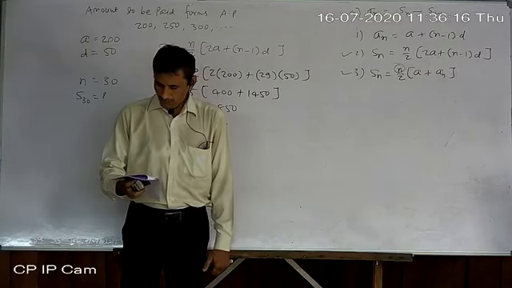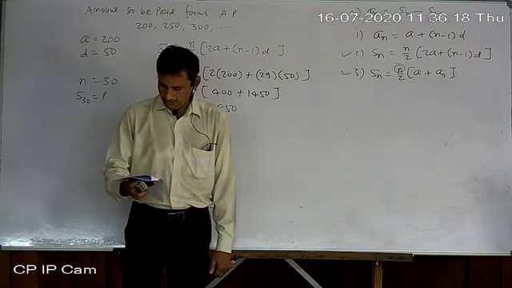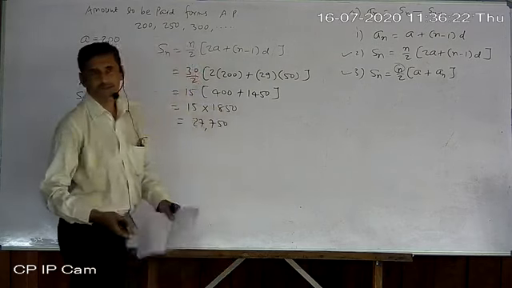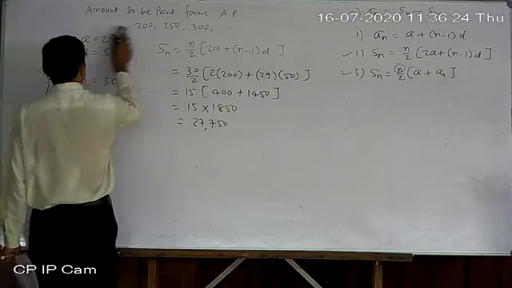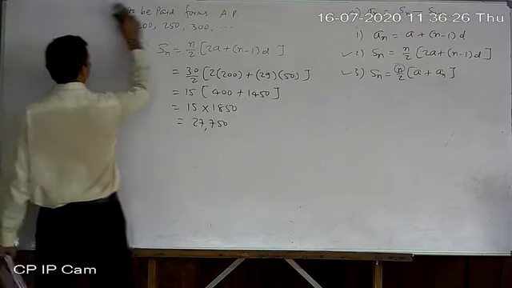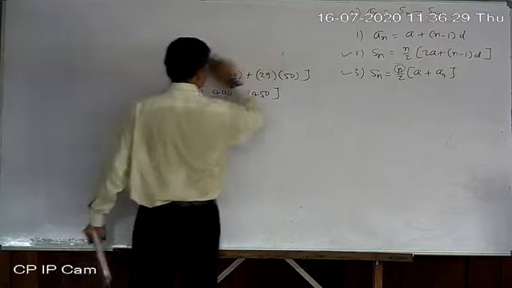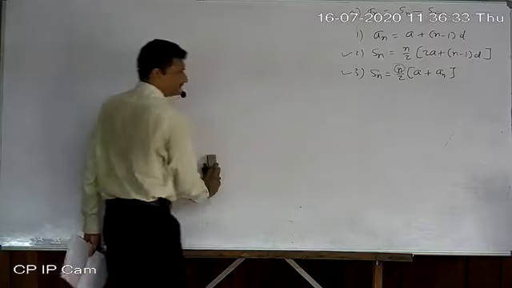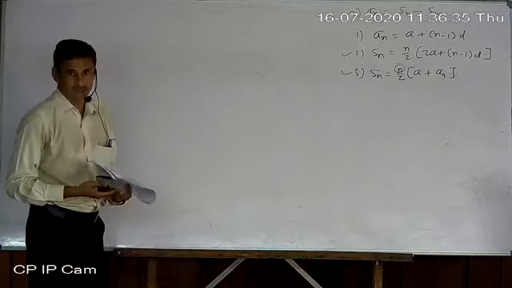We have to find the value of each of the prizes. If you find any one, then you can find the remaining also. But here the first prize is not given, which means A is missing.